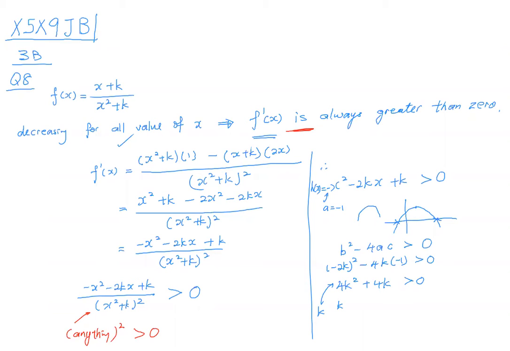So 4k(k plus 1) equals 0. You draw the sign diagram for k, with -1 and 0, correct? It will be plus, minus, plus. So you take this part and this part.